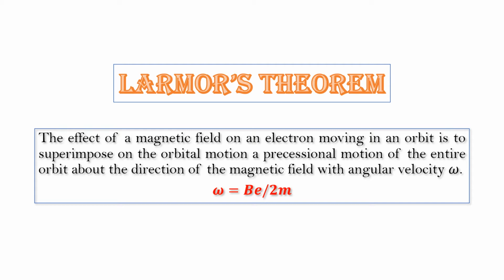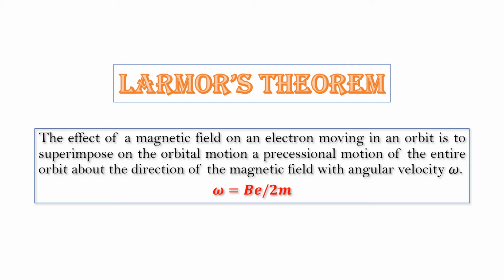Here omega represents the angular velocity of the charge or electron. Here capital B indicates the applied magnetic field, e is the charge of the electron, and small m is the mass of the electron.